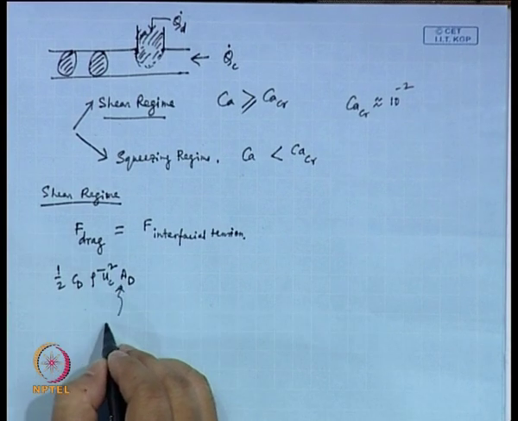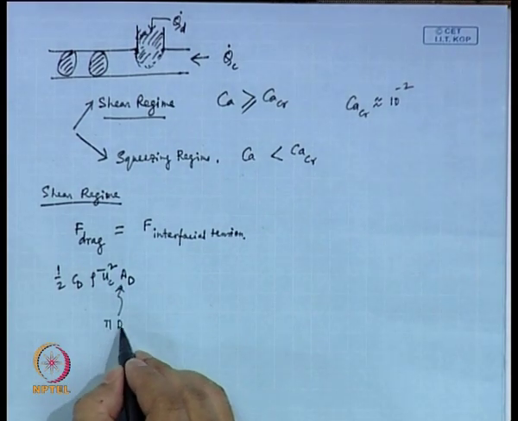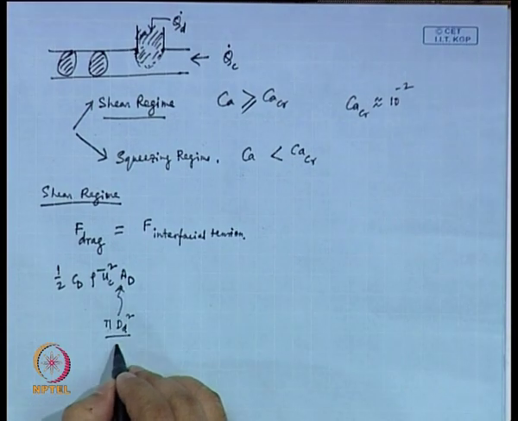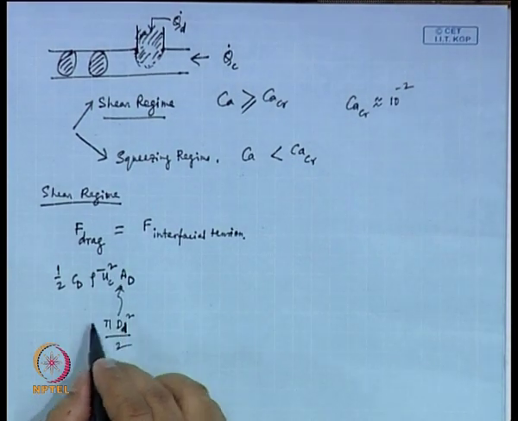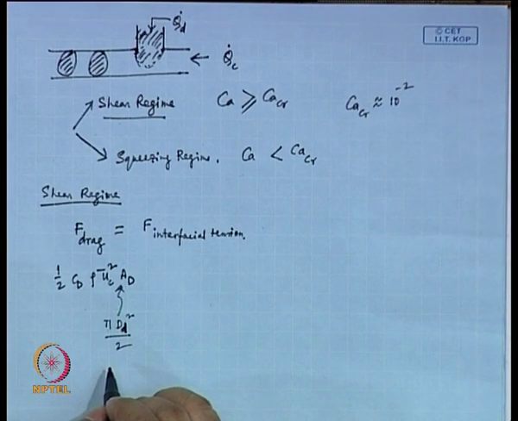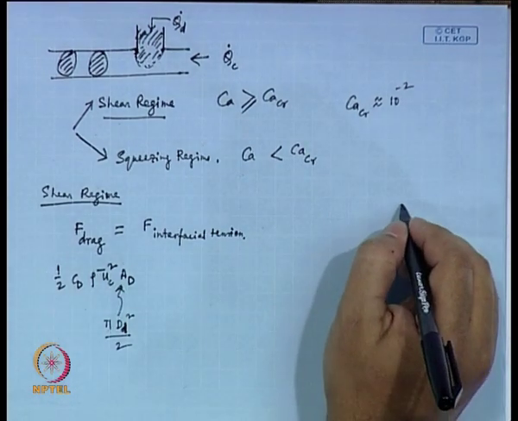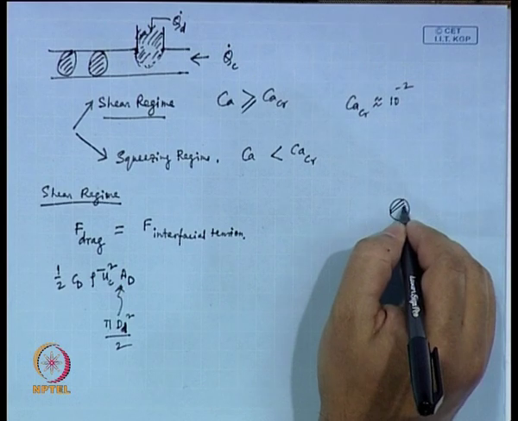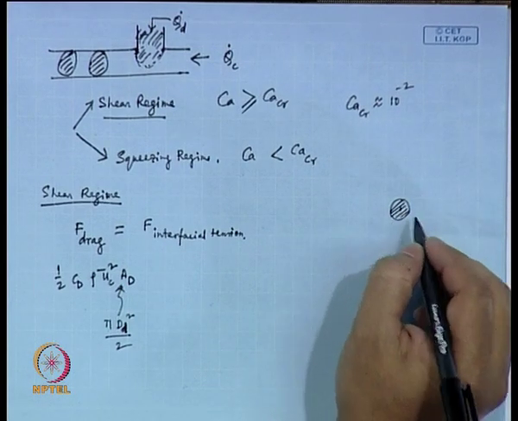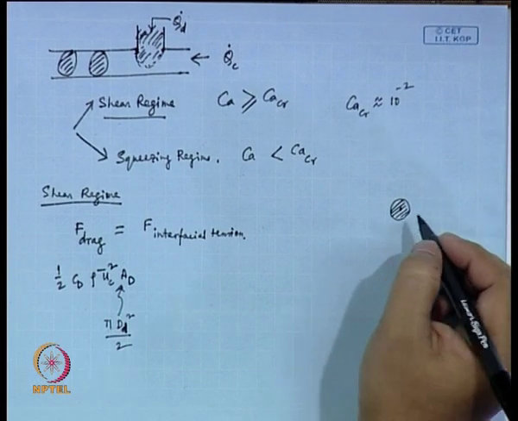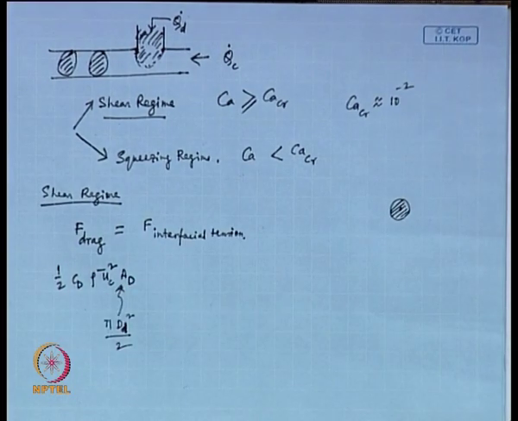So, A d would be equal to pi d droplet square by 2. That is, diameter of the droplet square by 2 pi, what no, if this is the area, that means it would be pi d square by 4. I should not be taking it by 2.